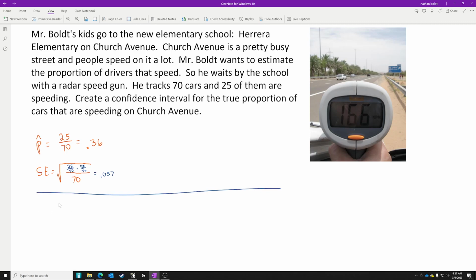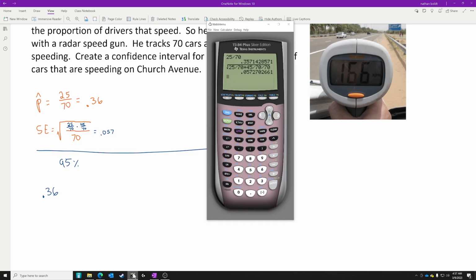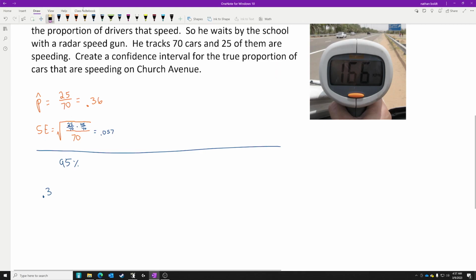All right, so let's do a 95% one first. That's usually the most popular one, and I think your practice assignment uses the 95 a whole bunch. So we'll do that 0.36. Let me use a little bit more accuracy, actually. It was 0.357, wasn't it? Let's use a little bit more. 0.357 plus or minus. All right, a 95% confidence interval.